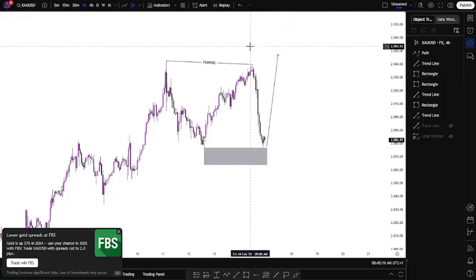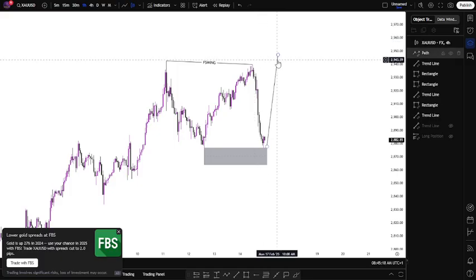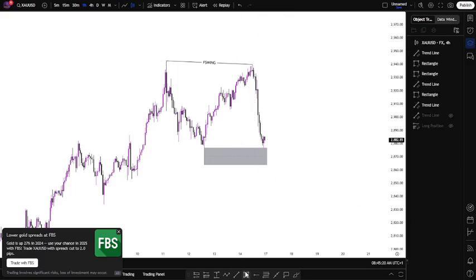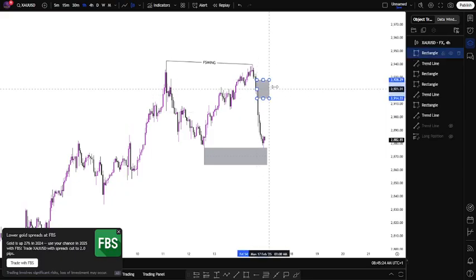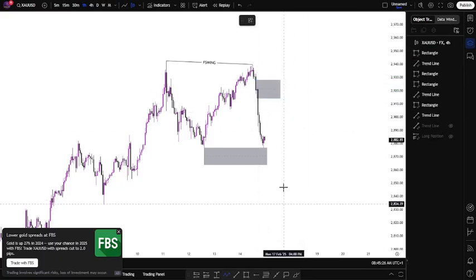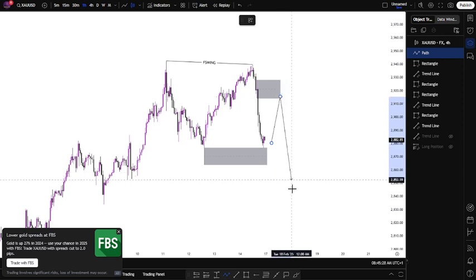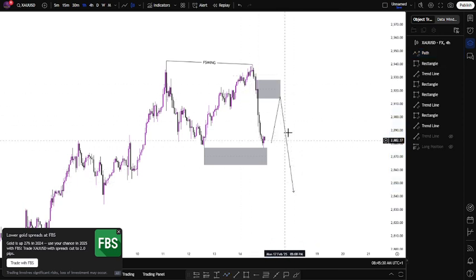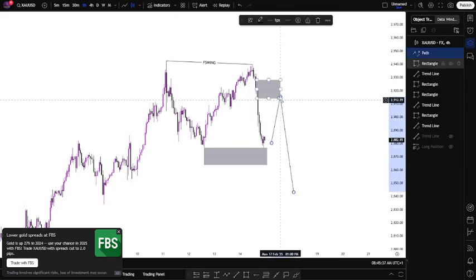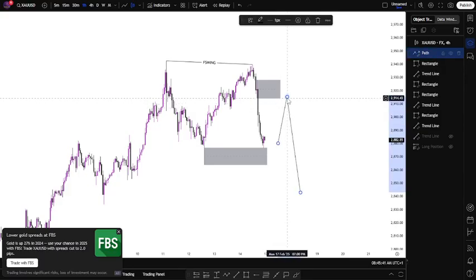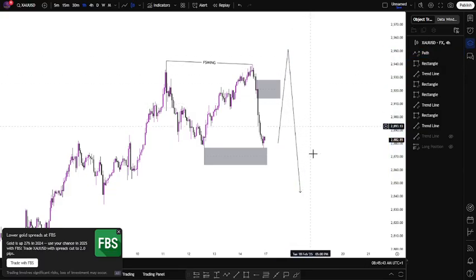Okay, normally, ideally, I would love to sell from here. Just have this push up and there, but price does what it wants to do. It might do something like this. Sweeps this high.